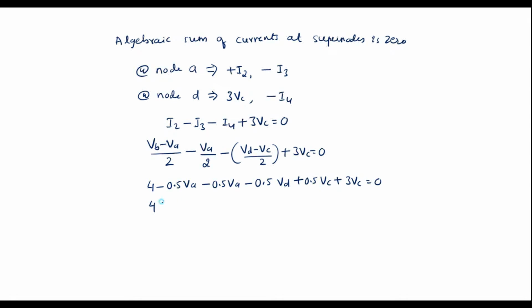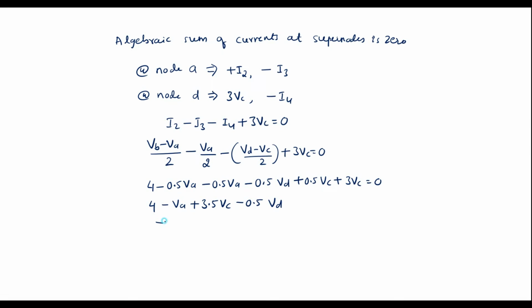Or I can write 4, minus 0.5 Va minus 0.5 Va is minus Va, and here we have 0.5 Vc plus 3 Vc is nothing but plus 3.5 Vc, and minus 0.5 Vd.